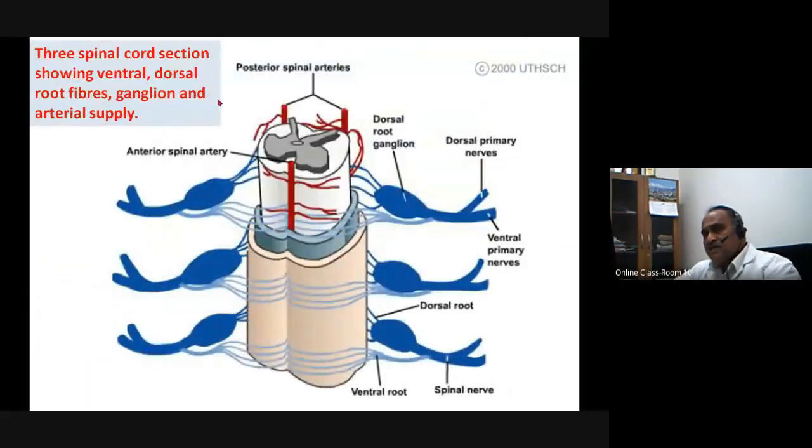Then I was telling about this subarachnoid space. You have these arteries, the arterial supply. So you have the posterior spinal arteries, and this is an anterior spinal artery. They are there in the subarachnoid layer, and that will provide the supply.